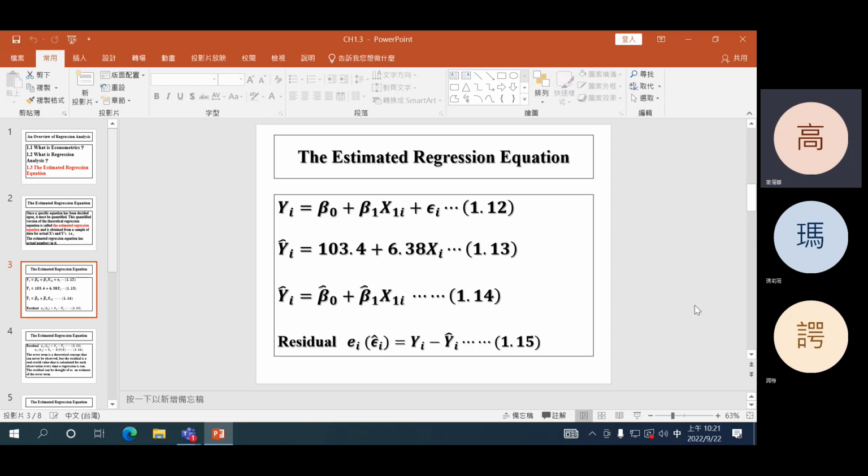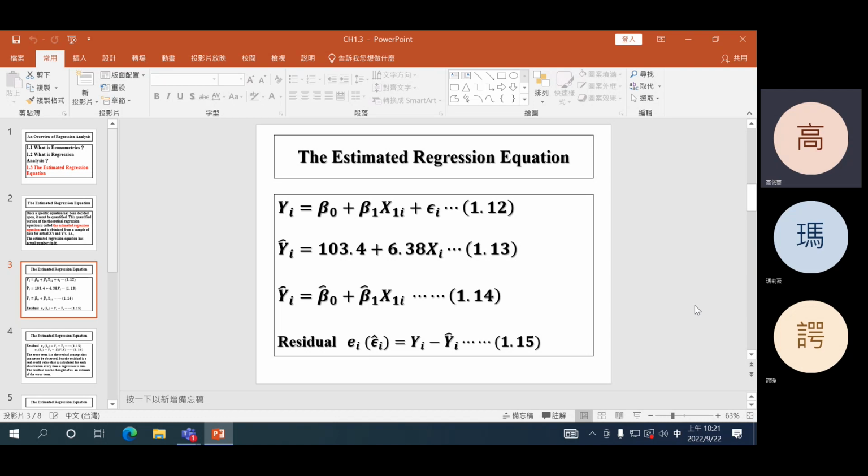Means I have the x values like x1. X1 means some numbers, okay? All right. And after I put the numbers of x into this equation, just like 1.13, okay? And if I have the x numbers like this one, then I multiply 6.38 plus 103.4. Then I will get the numbers, which is y hat.